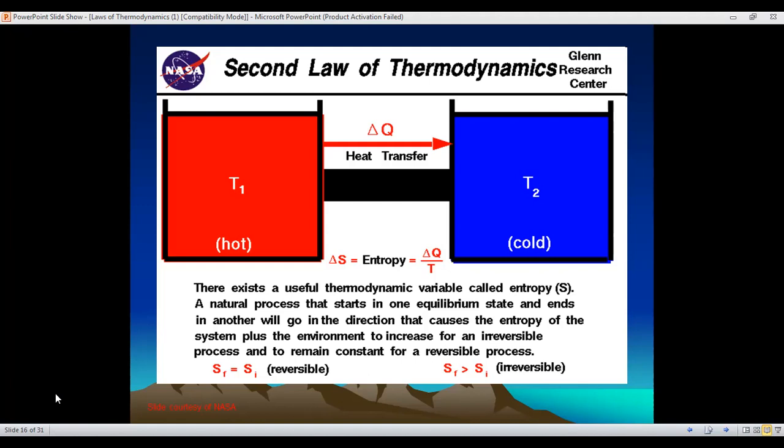We can easily make ice from water and water from ice. But an example of an irreversible process is making curd from milk. We can't convert the curd back to milk. This is a one-directional process, or we can say it is an irreversible process.